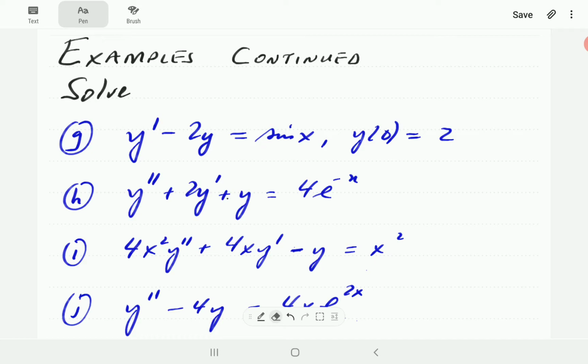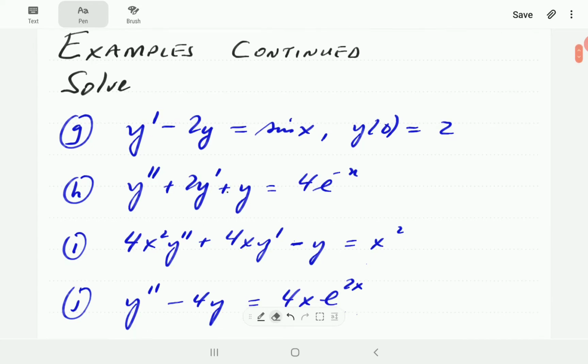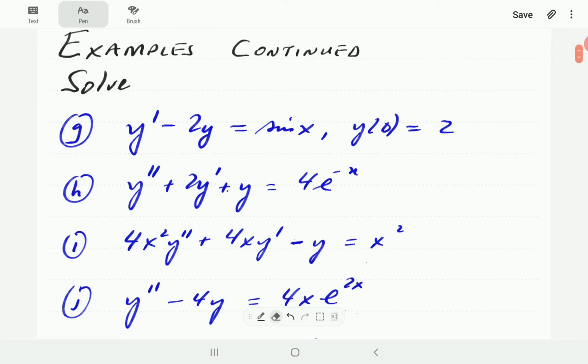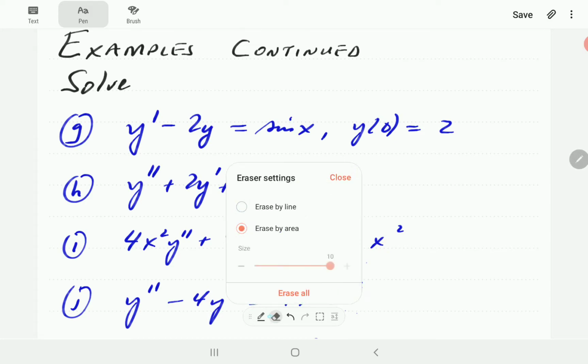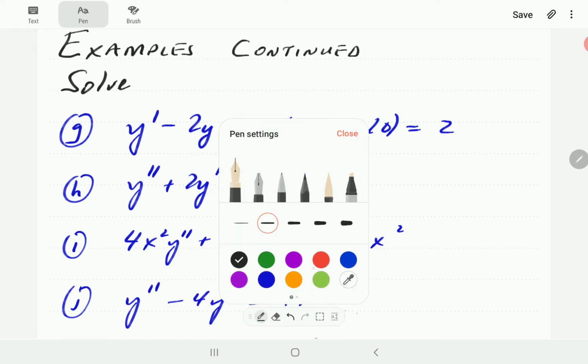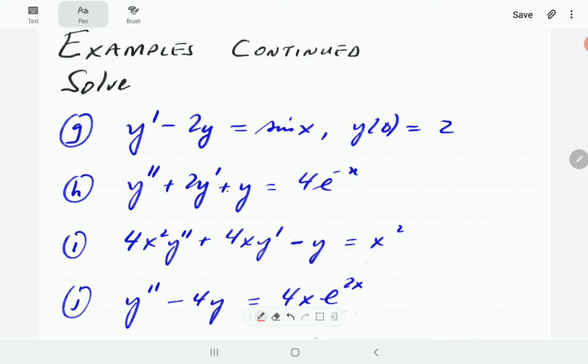And then in that video, we also gave the viewer the opportunity to try these examples here, just to see if they are understanding the ideas. So if you are watching this and you haven't gone through part 1 and part 2, we strongly advise that you do that first.